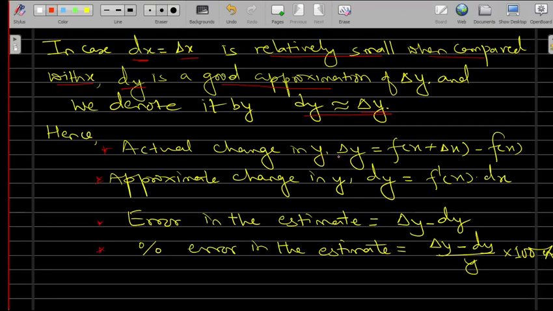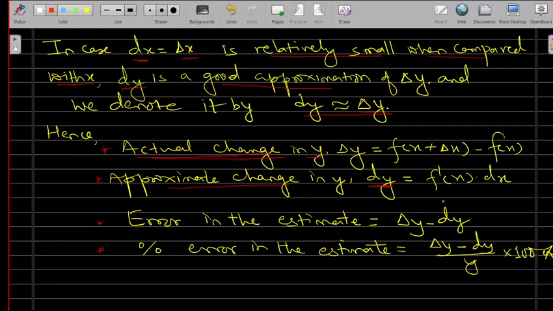The actual change in y is del y, which is f of x plus del x minus f of x. The approximate change in y is dy, that is, f dash x times dx.